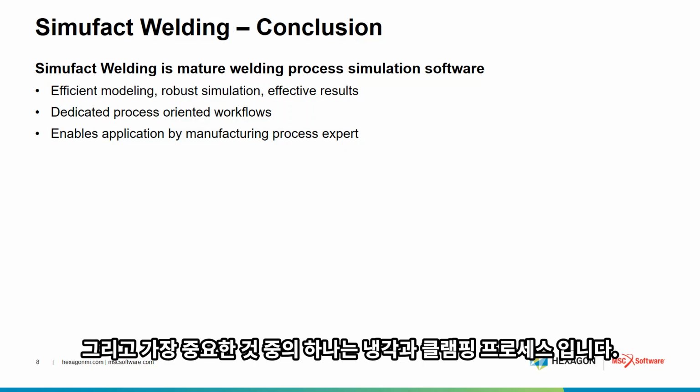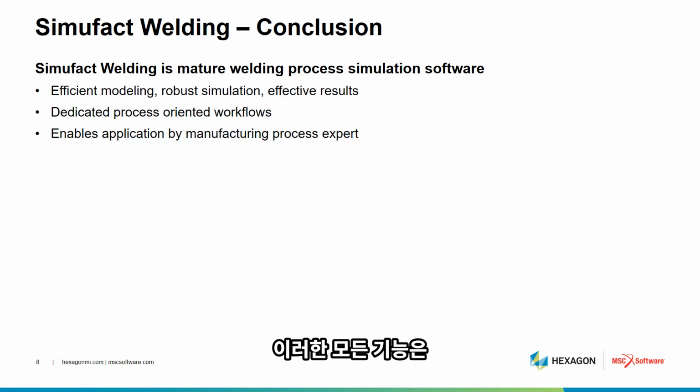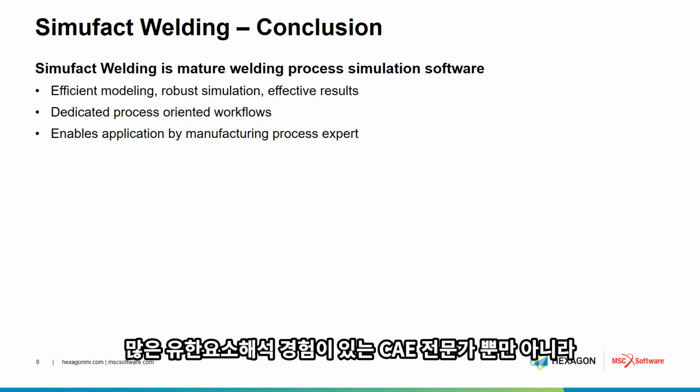And perhaps one of the most significant is the simulation of the cooling and clamping process that enables us to fit parts together in a way that is very realistic, but also facilitates a robust and accurate process simulation.